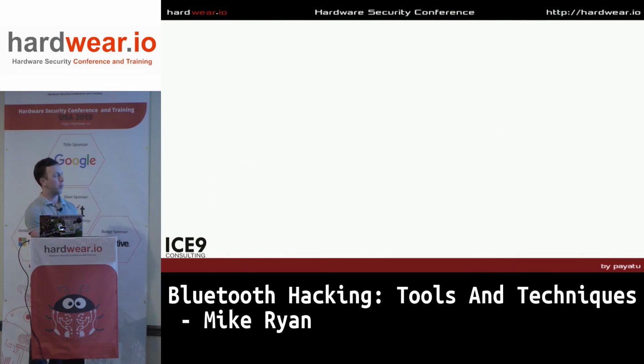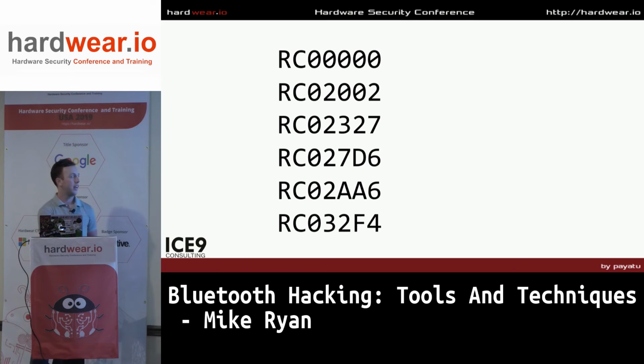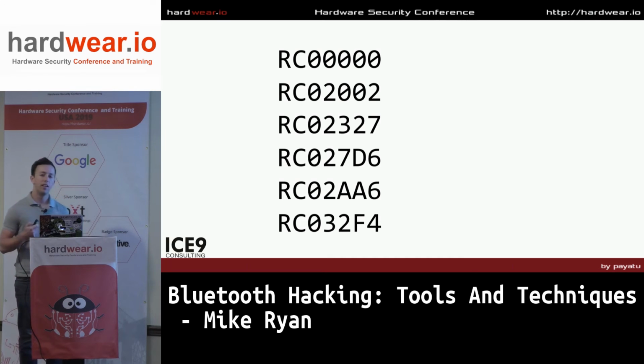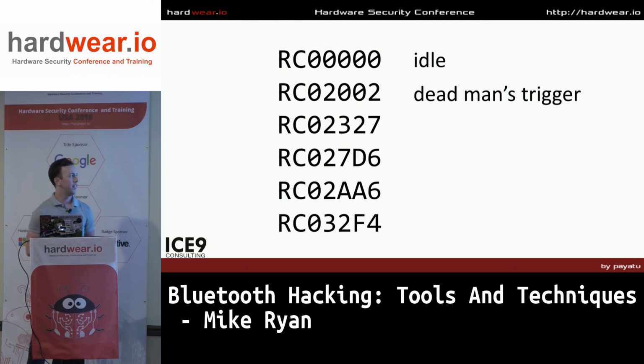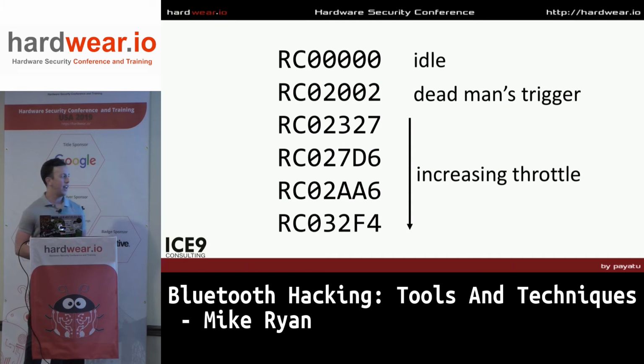So, protocol reverse engineering. Here is a sample of some of the messages that were sent, and if you correlate them back to what was happening during the capture at the time the messages were captured, this is what happens when it just connects and it's idle. As soon as you press the dead man's trigger, this value here changes. And as you increase the throttle, the speed goes up.